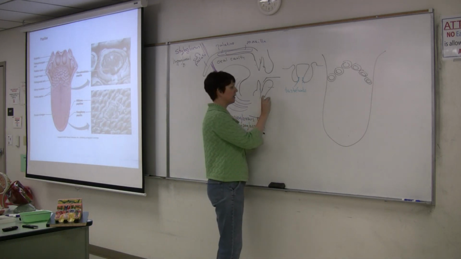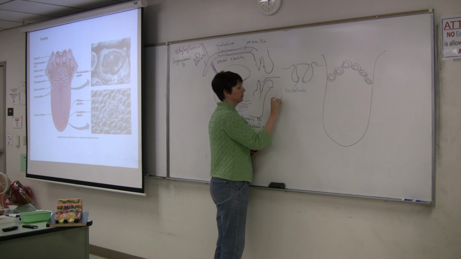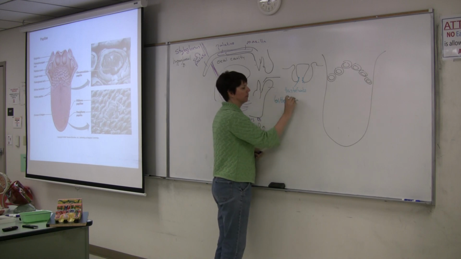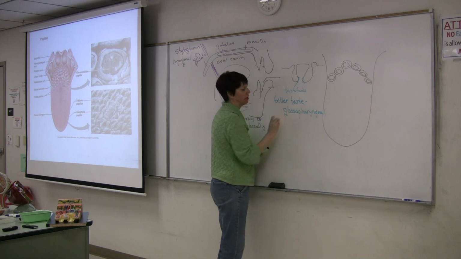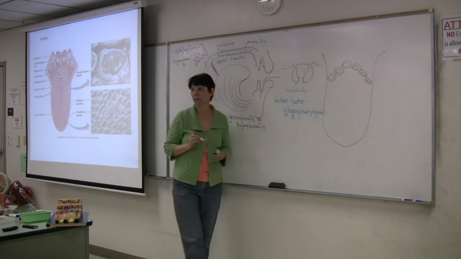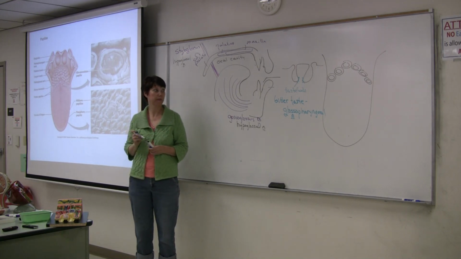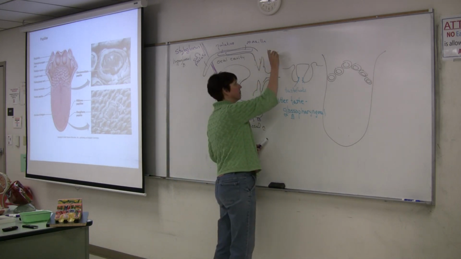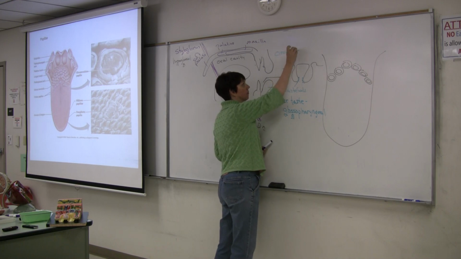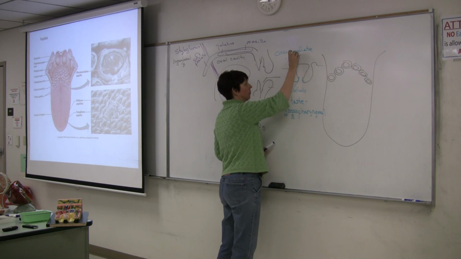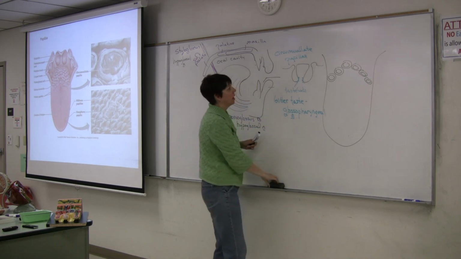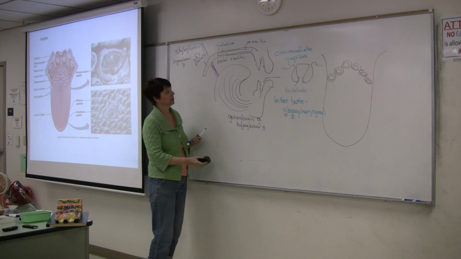So this carries bitter sensation. And the nerve that's involved is the glossopharyngeal nerve. So they're the circumvallate. Circumvallate. Okay, so those are the largest ones.